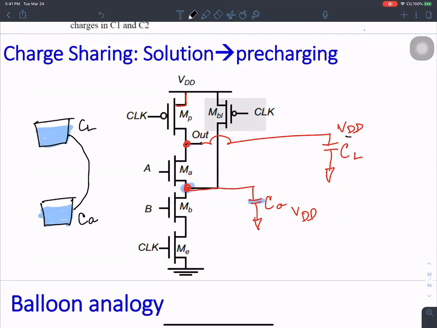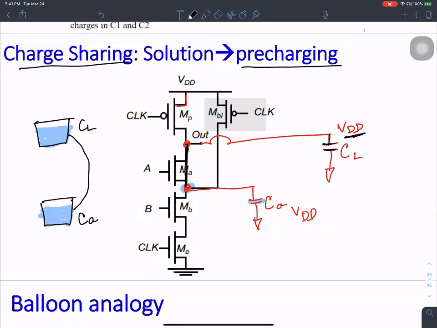That way, the charge at VDD is not shared with this guy. Let me rephrase that. By pre-charging critical nodes, I am not sharing the charge, which eliminates the problem of charge sharing. That's the idea of charge sharing.